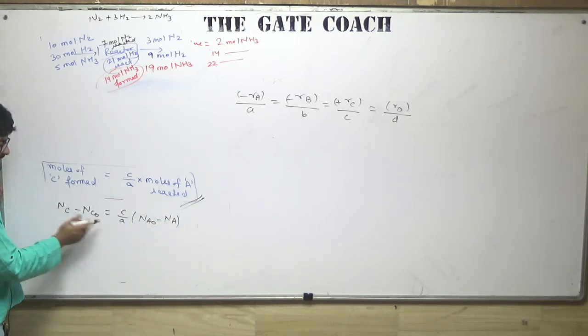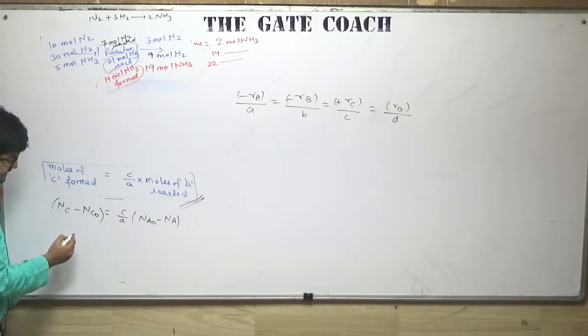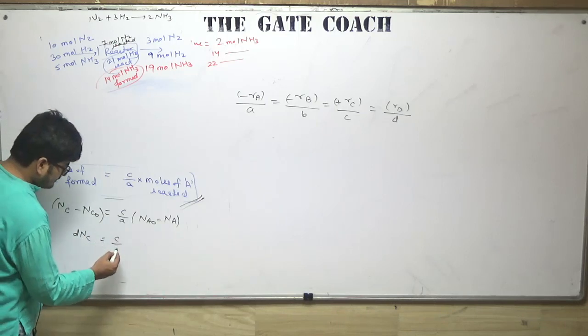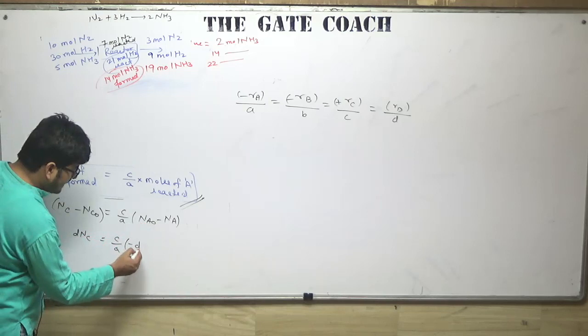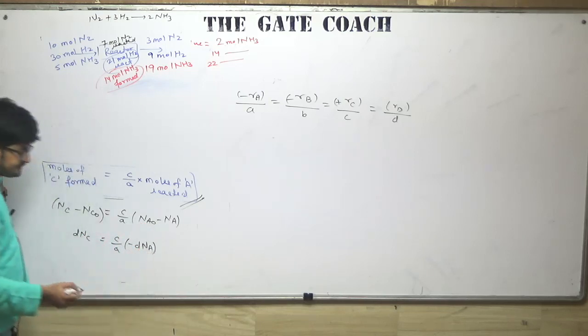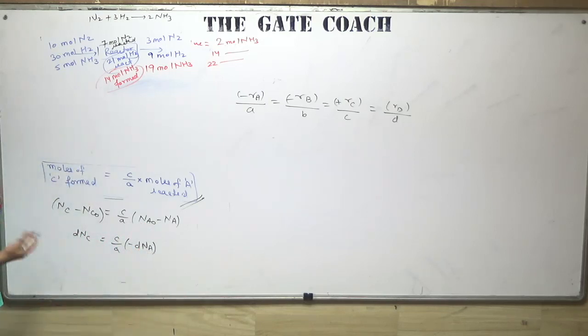NC minus NC naught can be written as dNC. Na naught minus Na can be written as minus dNA. Now just divide this by V into dt.